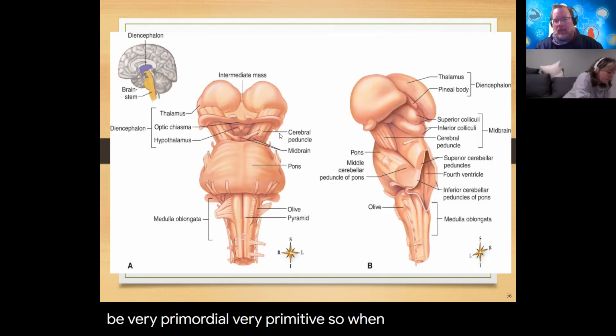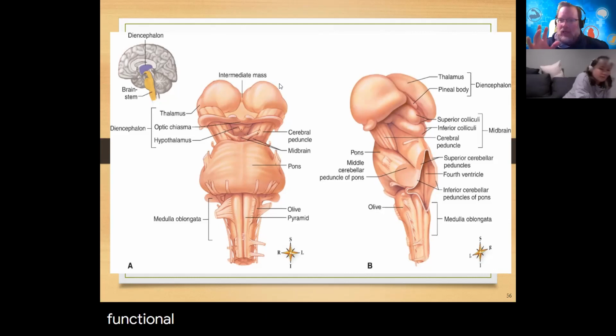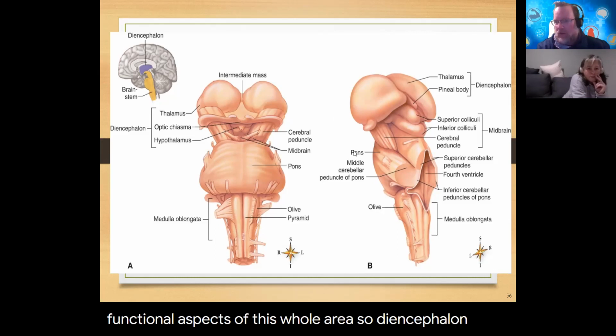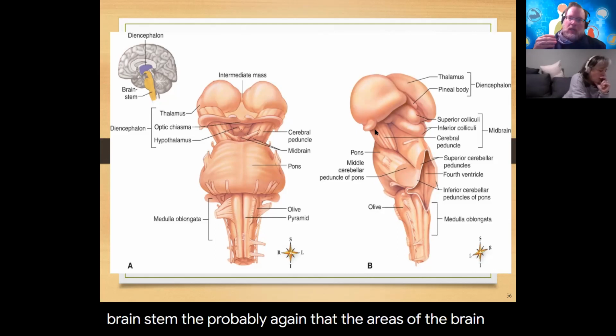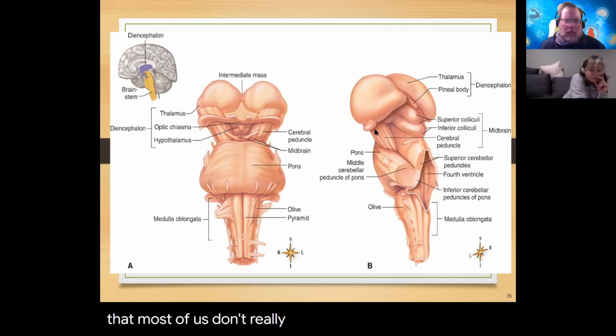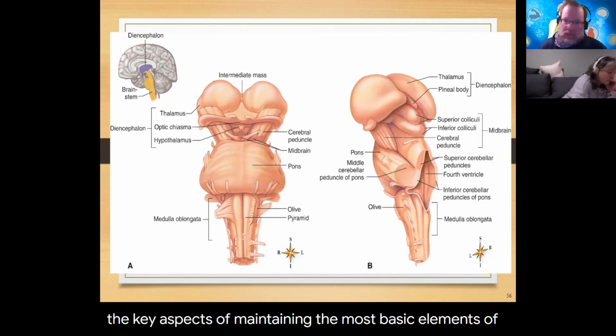So when we think of the functional aspects of this whole area, diencephalon and brainstem, these are probably the areas of the brain that most of us don't really think about or consider when it comes to brain discussions. But these are the key aspects of maintaining the most basic elements of homeostasis.